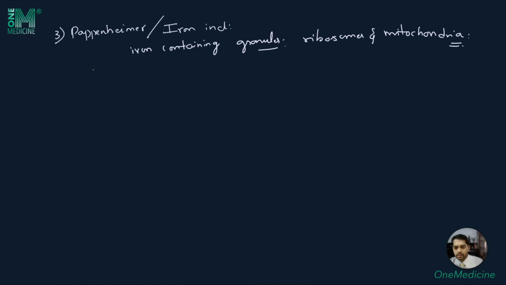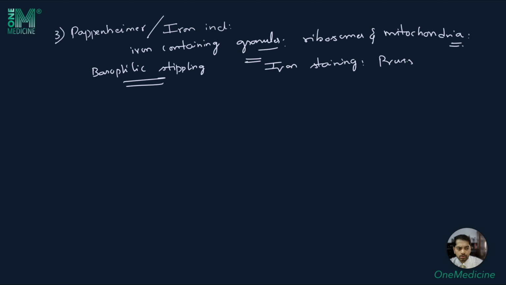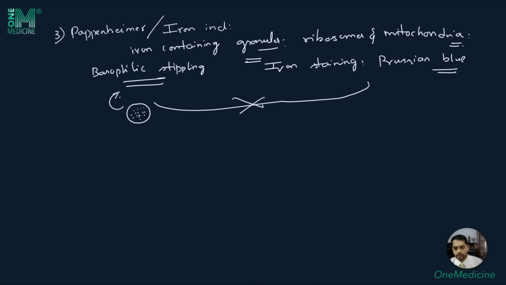The only difference between this and basophilic stippling is that these also stain with iron staining, and one of the most important iron stains is Prussian blue staining. Basophilic stippling also has a very similar pattern with multiple stipplings of bluish color, but they do not stain with Prussian blue.